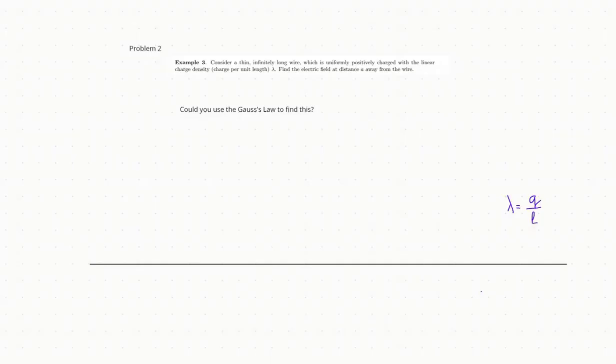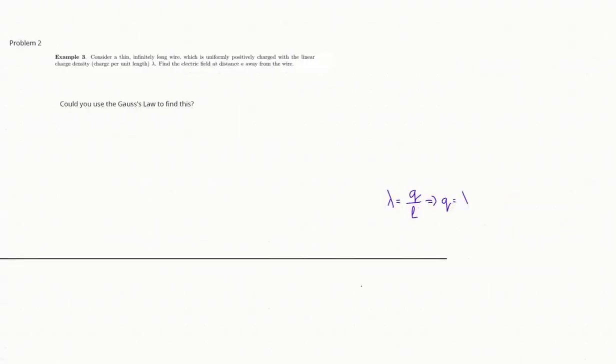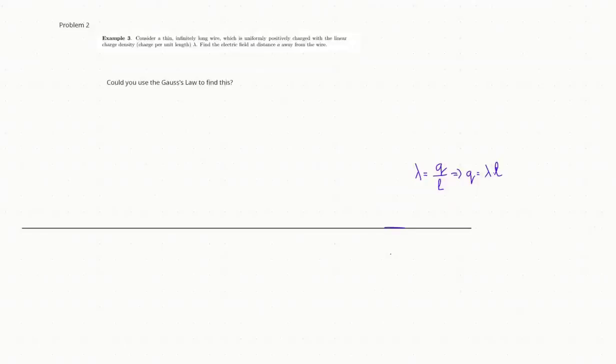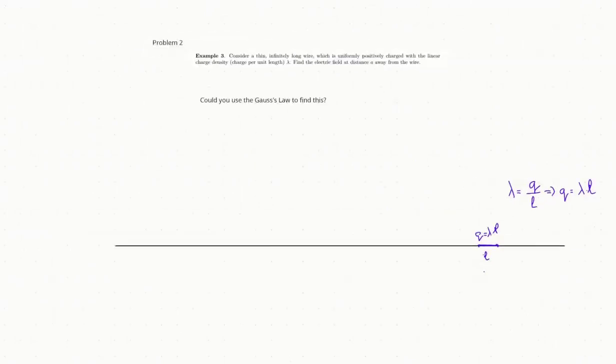That means that the charge is lambda, the charge density, multiplied by L. So if you take a section of the wire with length L, then the charge on that section is lambda L. And you're a distance a away from the wire, so let's say you are at point P.